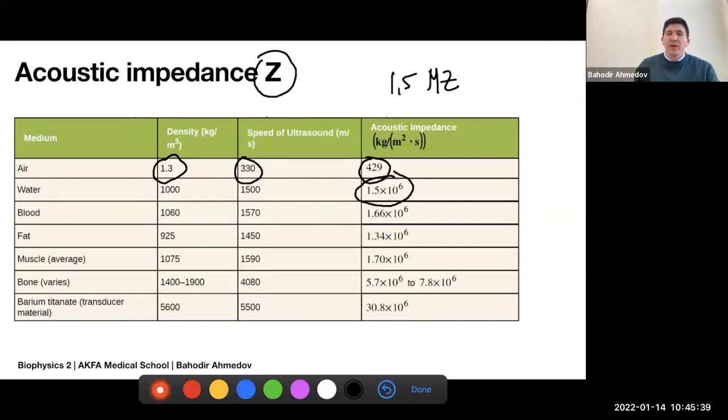So the reason why we're talking about this is that, depending on the value of the acoustic impedance, the portion of the signal which is going to be transmitted back to the transducer can be different.